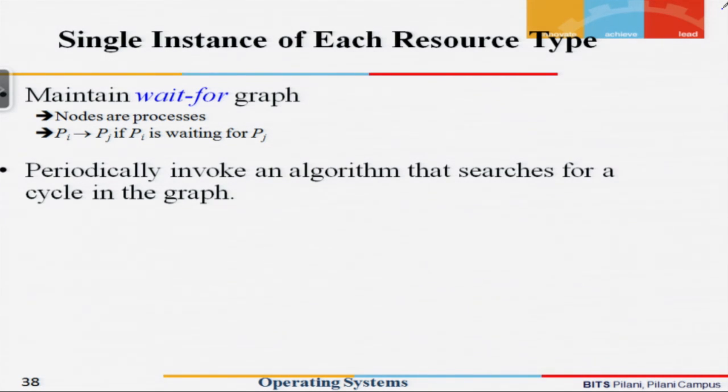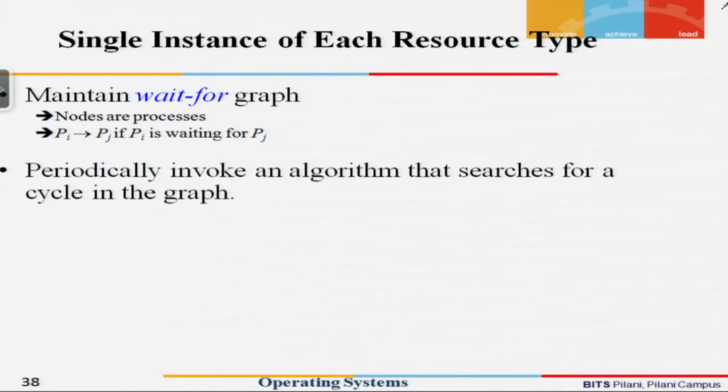As we know, the resource allocation graph was only valid for single instances of resources. So this suggested approach is also going to be valid only for single instances of resources. Let us see what we do here: we try to maintain something known as a wait-for graph. We will see what it is.